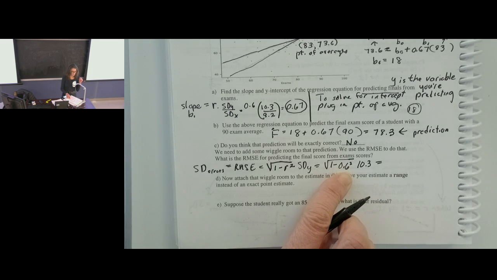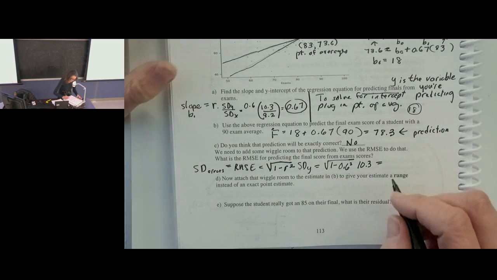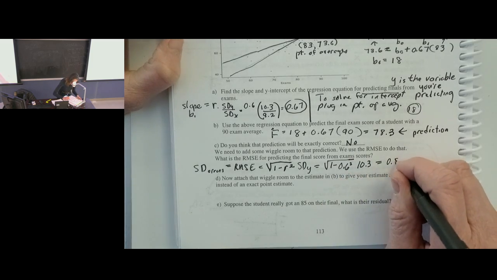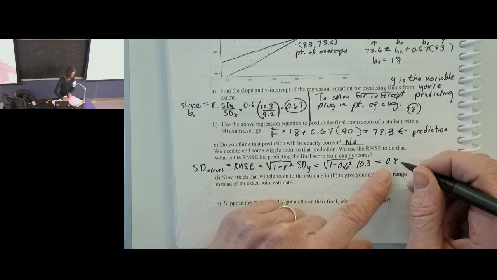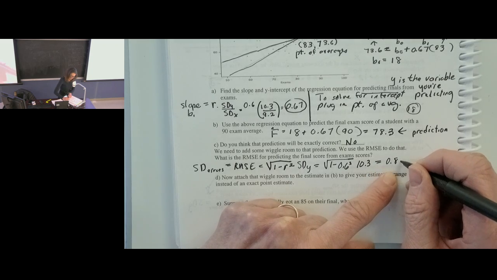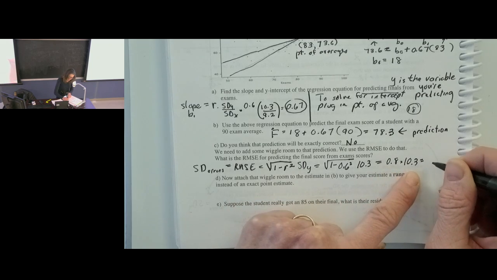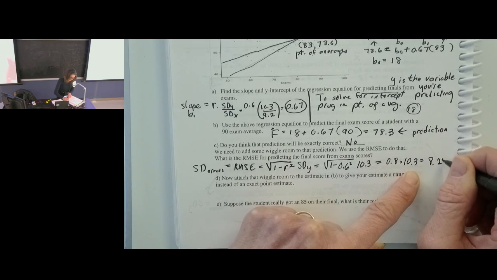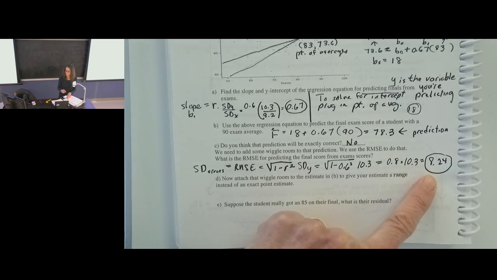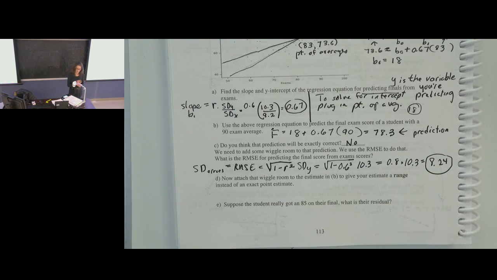Square root of 0.64 is 0.8. So it's going to be 0.8 times 10.3. So that's how much it reduces it by. And I got 8.24. So that is the margin of error we're going to attach to it.